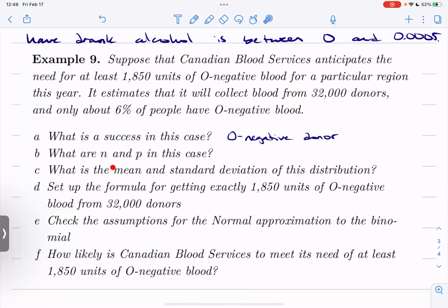What are N and P in this case? N is the number of times that I try to get an O negative donor, 32,000. P is the probability of it being an O negative donor, 6% or 0.06.